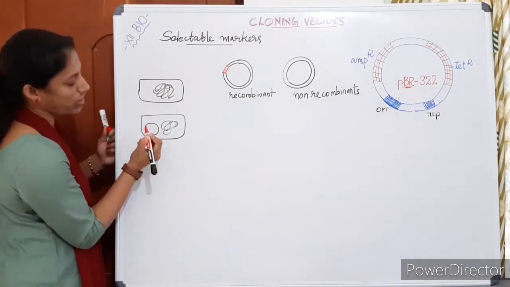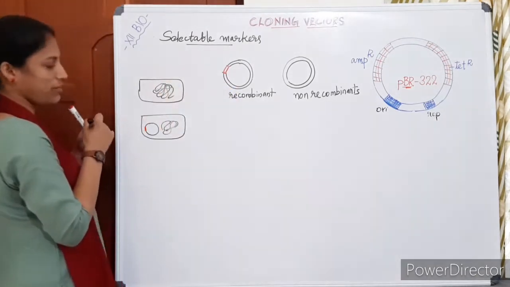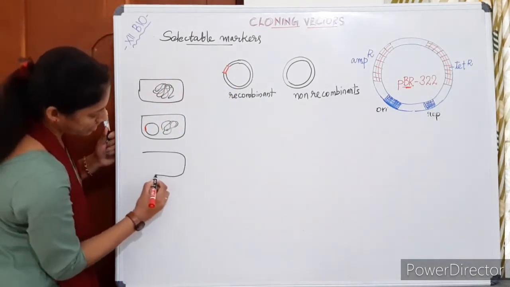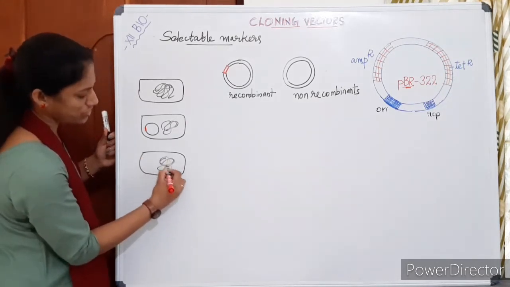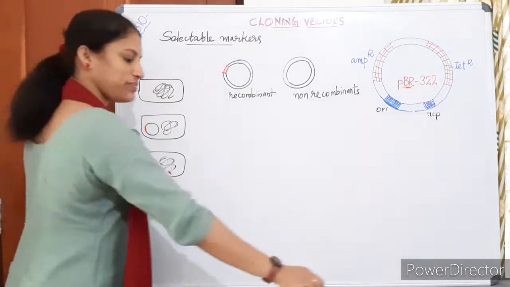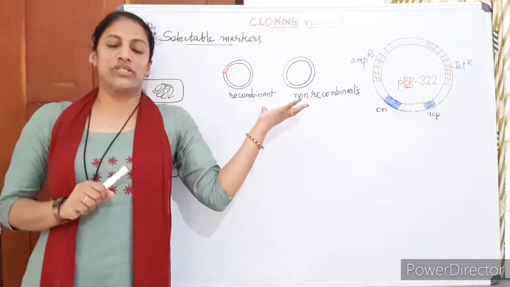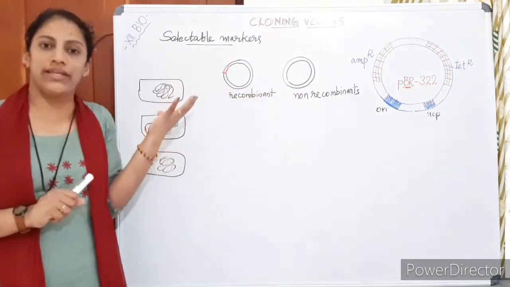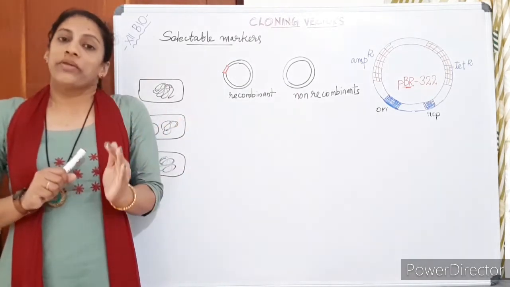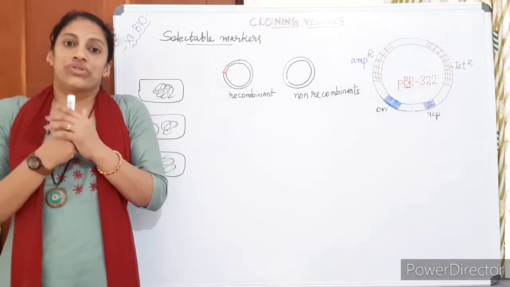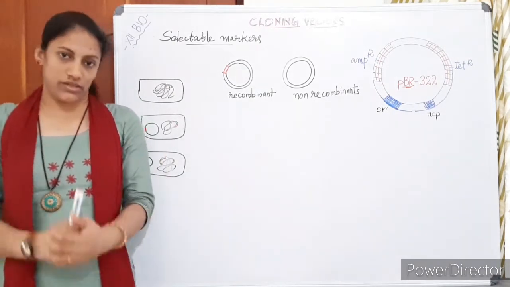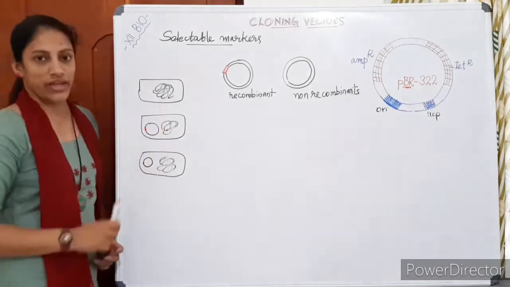Some will receive recombinant plasmid, whereas some other bacteria, a few, may also receive non-recombinant plasmid. When we introduce the plasmids to the bacterial colony, there may be bacteria which do not receive any plasmid. No plasmids entered. Okay, this way.